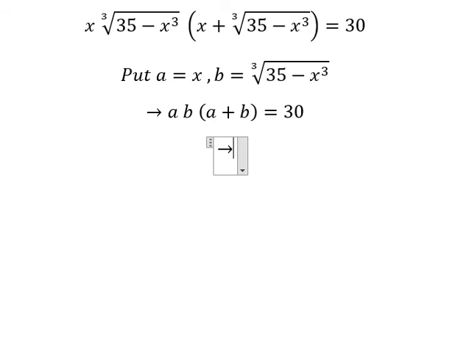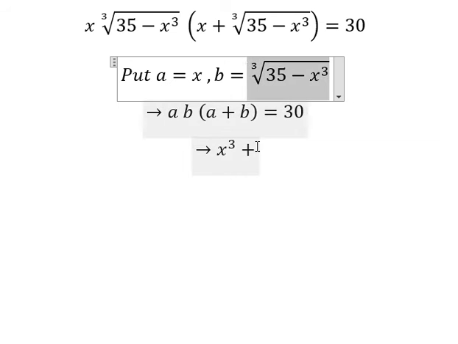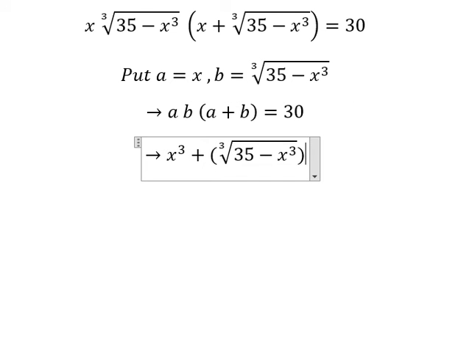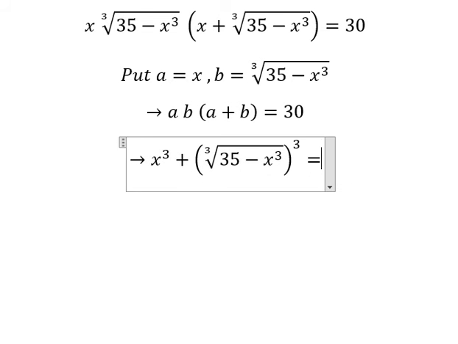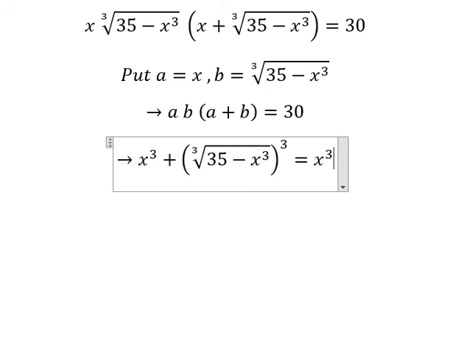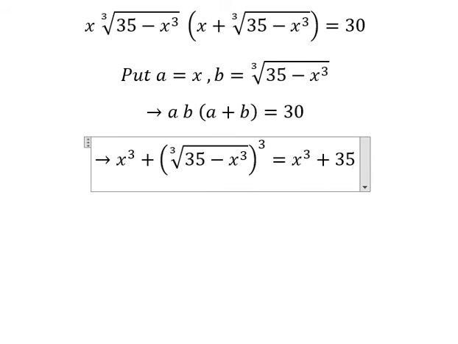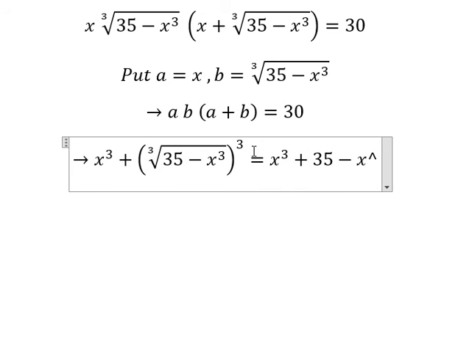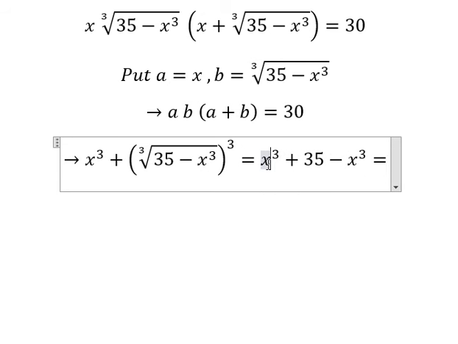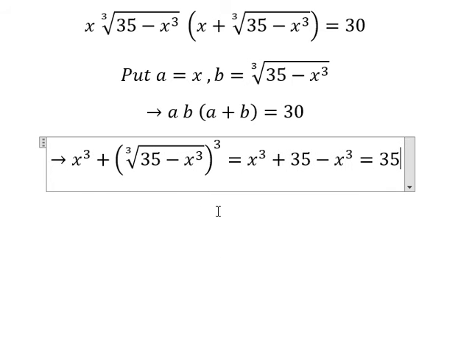So when I put the power 3 like this, we have x to the power of 3 plus 35 minus x to the power of 3. This one cancels this one and we have 35.